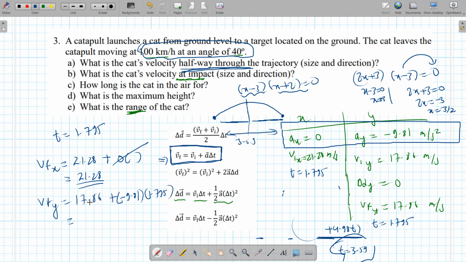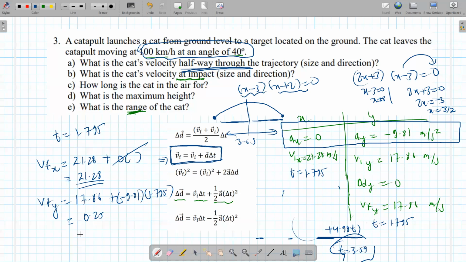Good so far. So that is 17.86 plus negative 9.81 times 1.795. This is just a calculator play here. So the final velocity in the y is 0.25. I just added them up.